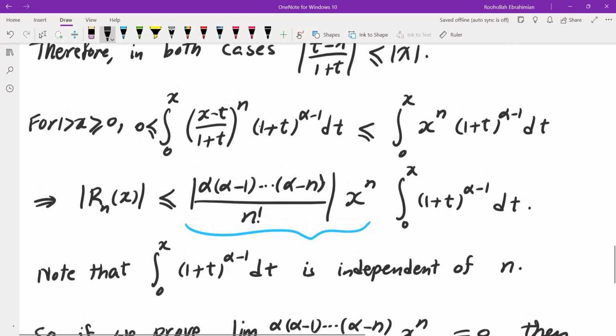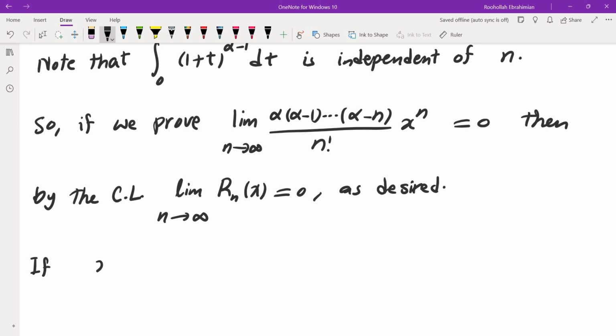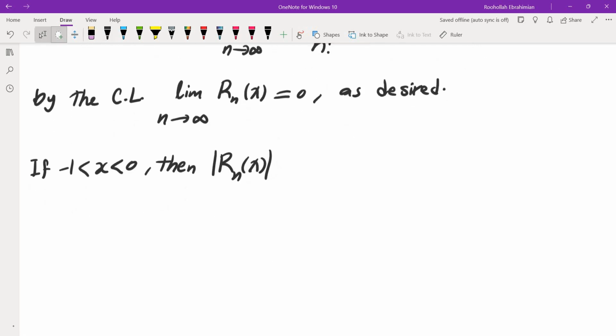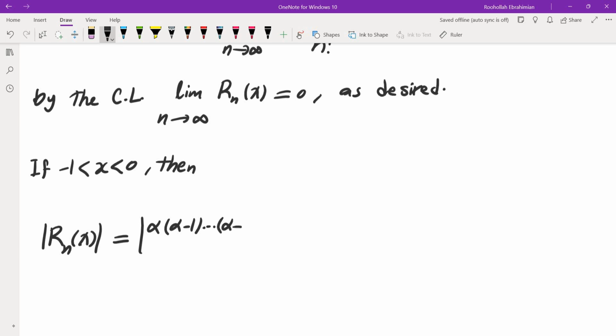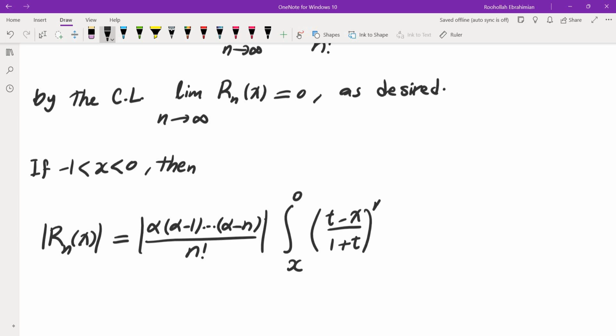Now let's take a look at the case when x is negative. If x is less than 0 and greater than -1, then for Rn(x), similar inequalities are going to hold. This is the absolute value of alpha(alpha - 1)...(alpha - n) divided by n!. The integral would be flipped, so instead of going from 0 to x, we'll have to go from x to 0. Then (t - x)/(1 + t) is positive, and (1 + t)^(alpha - 1) is also positive.